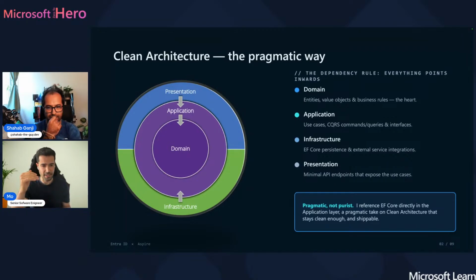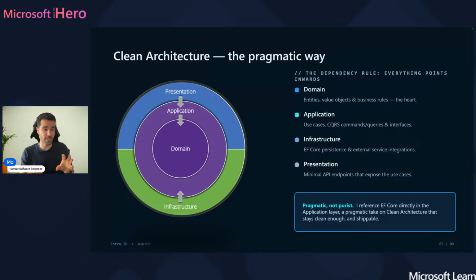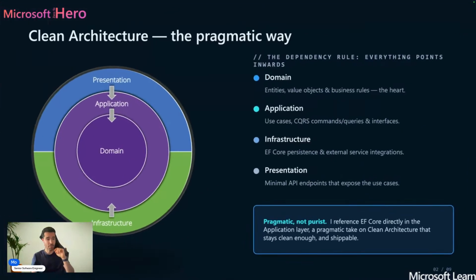Then on top of that, we have the application layer. In the application layer, we have use cases, CQRS commands and queries, and all the interfaces. But here's the thing. I'm going to show you in the code soon, but I'm going to call this kind of structure pragmatic clean architecture, not pure clean architecture.